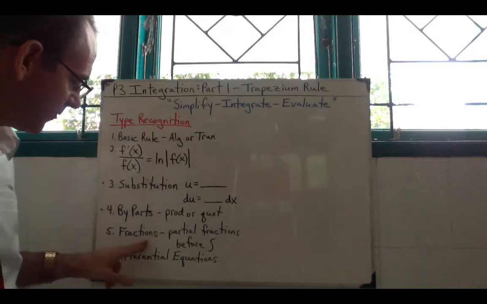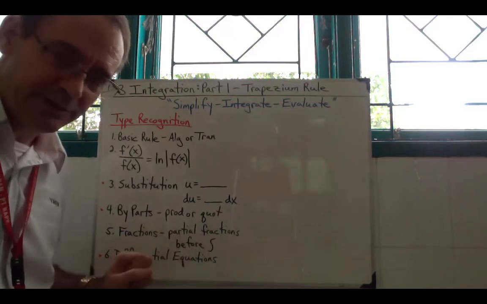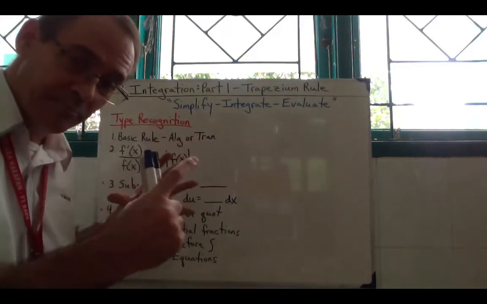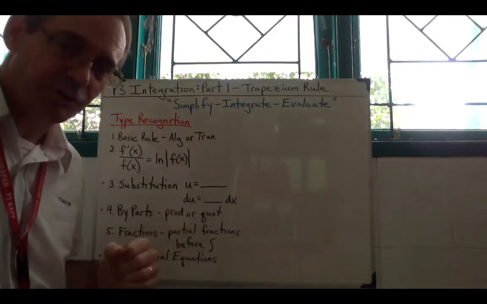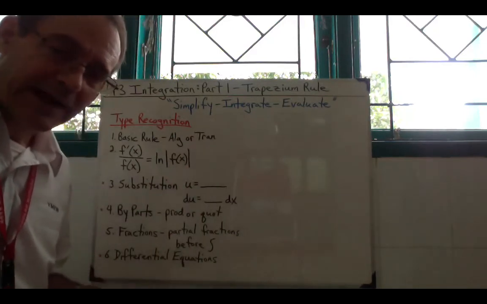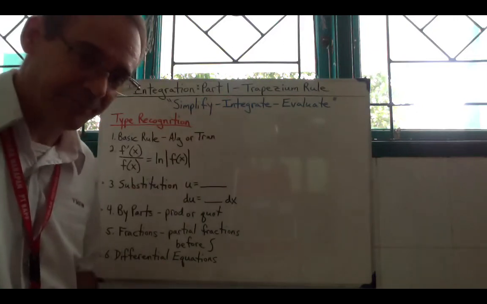So what you're going to look for is, can partial fractions be used? Use partial fractions to take that one big complicated fraction and break it apart into 2 or 3 simpler fractions that you can then simplify and integrate from there.